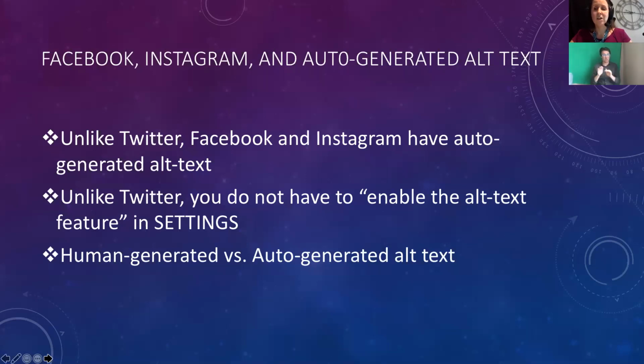Unlike Twitter, you do not have to enable the alt text feature in settings. And then I just gave you an example of an auto-generated alt text from the previous picture of man, woman, steps. It's important to use human-generated alt text. Next slide, please.